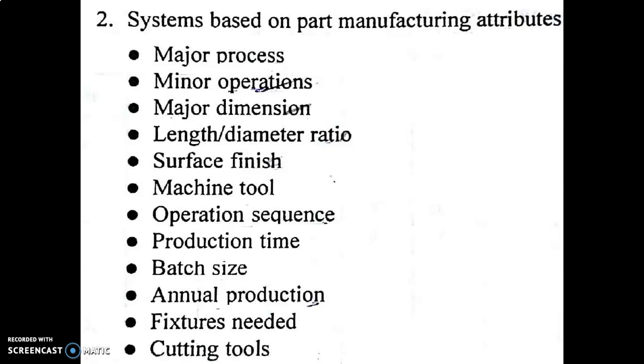Minor operation, major dimension, length to diameter ratio, surface finish, machine tool, operation sequence, production time, batch size, annual production, features needed, and cutting tool. So these are the parameters that we use in the manufacturing attributes.